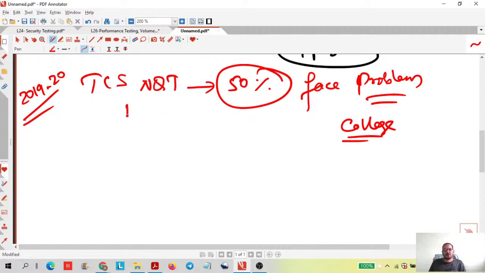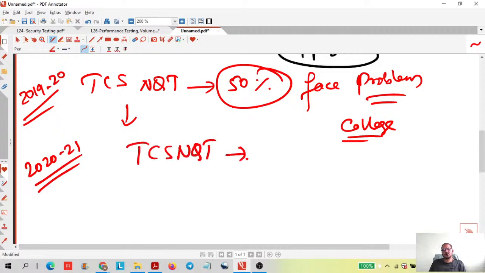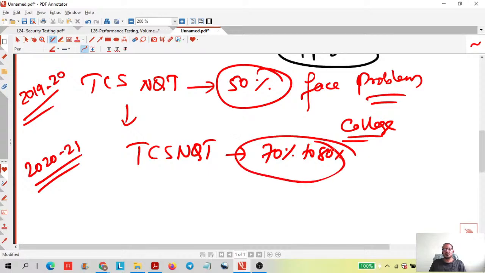Then in 2020, almost 100% of the people faced it. Here it is improved, 70 to 80% of people faced a problem. But in your batch, the 21-22 batch, it is less, only 5 to 10% of the people.